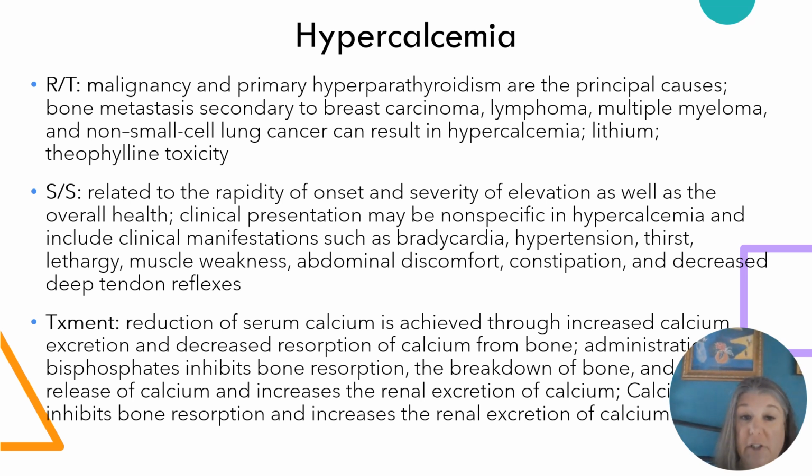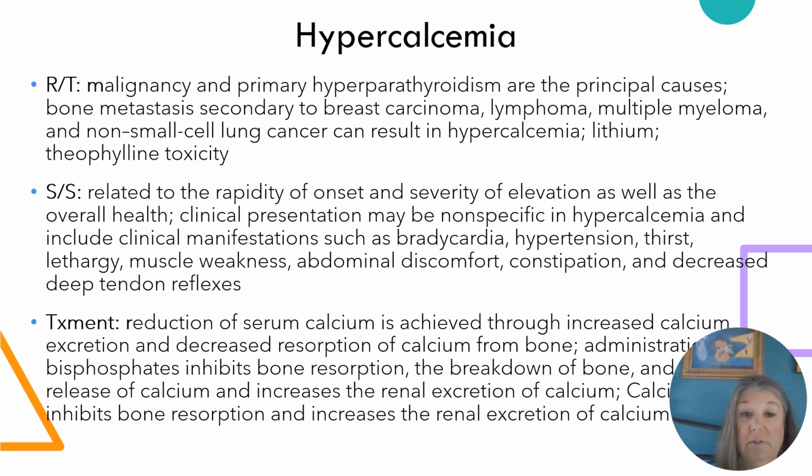Clinical manifestations related to hypercalcemia depend on how quickly, again, the state of hypercalcemia starts, right? Was this a slow progression, or were you in an MVA and your femur split in half and there was a rush of calcium into the bloodstream?